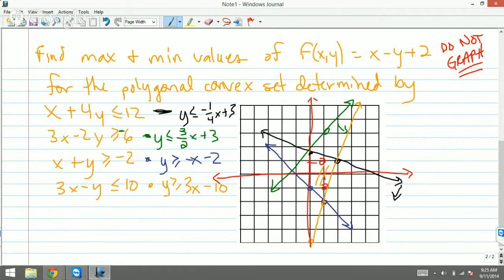And then so the shaded region is actually in here. Okay, so that's the graph.